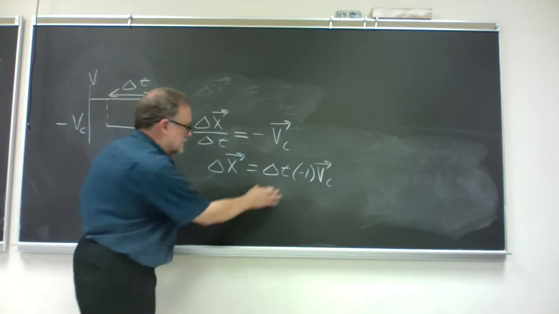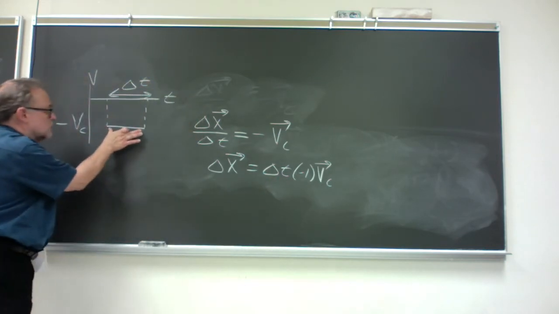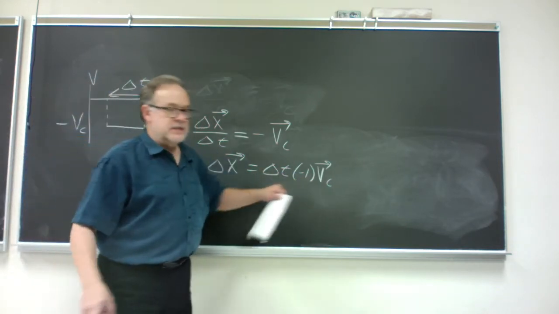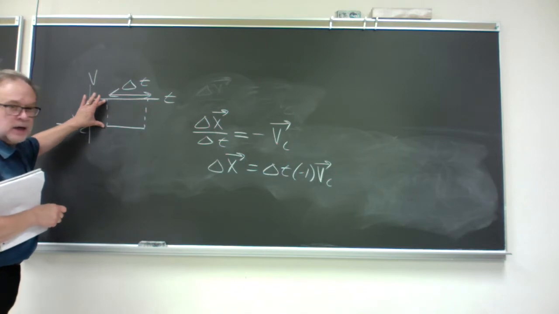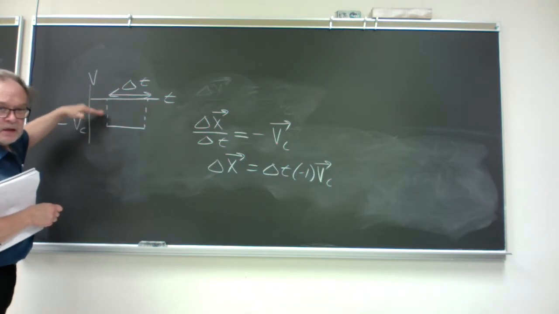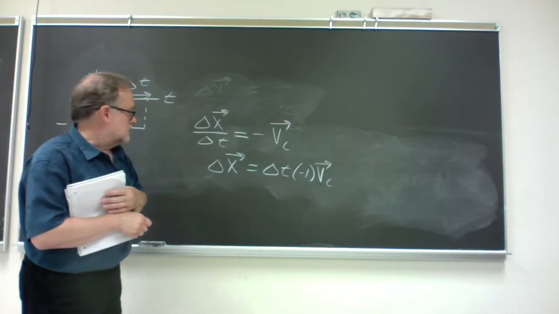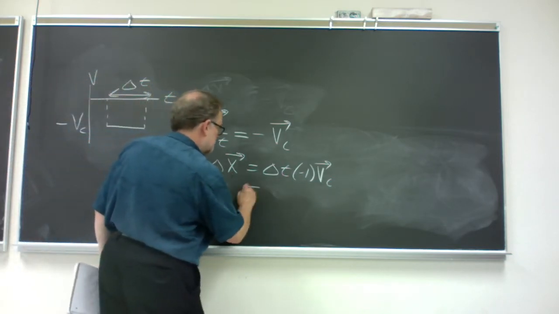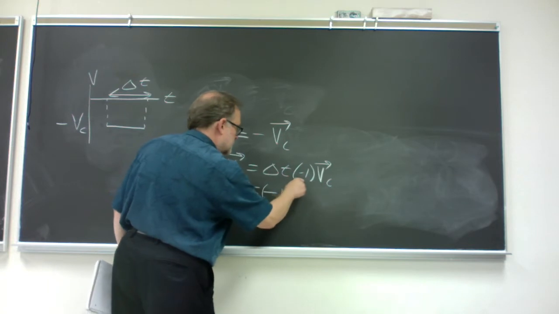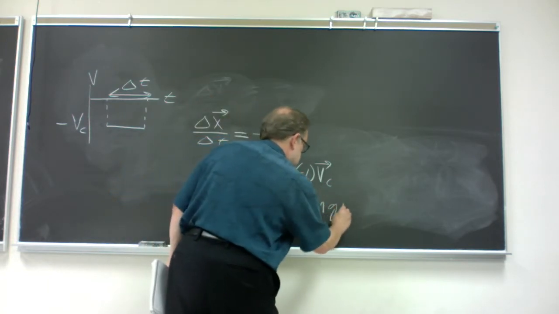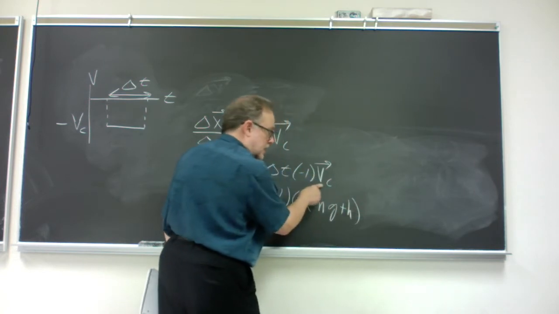But again, delta t corresponds to a length on this graph. VC corresponds to a height on this graph. So we can think of this as simply minus 1 times a length times a height.